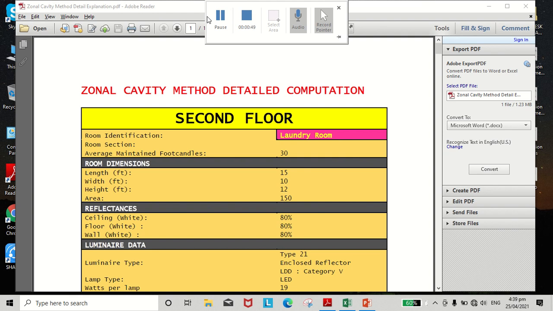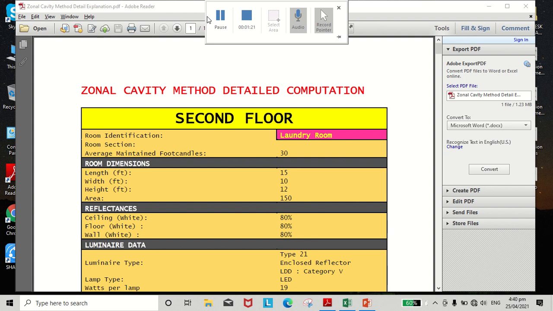From that video, this method talks about how we can have the approximate number of luminaires to be included in one room. Another one is the VA method. The VA method is the approximation of the VA, or volt-ampere, required in one room.